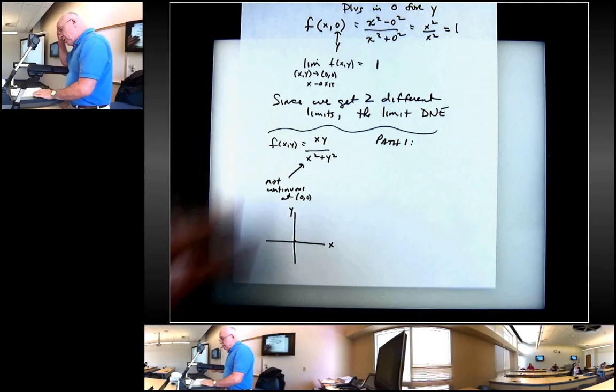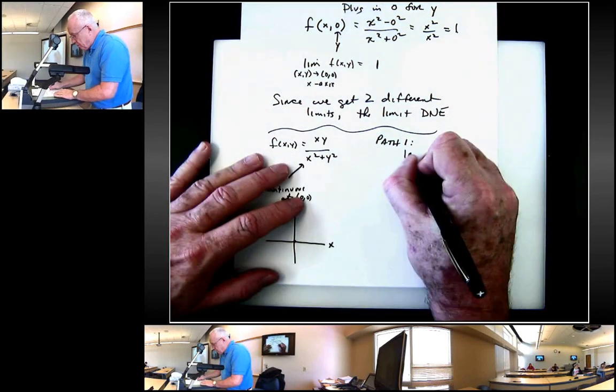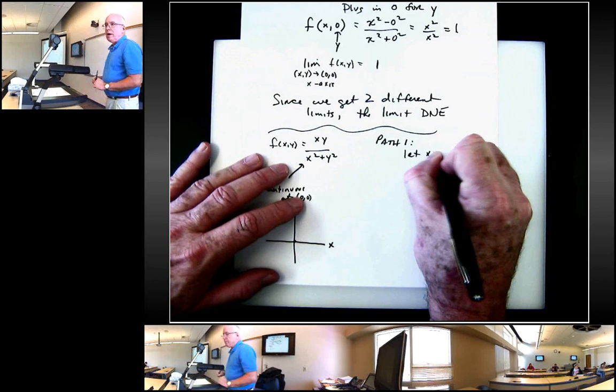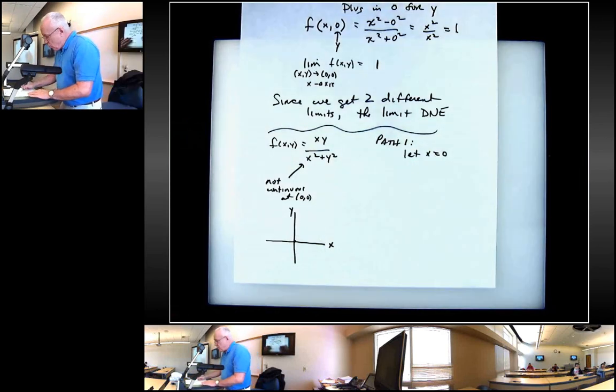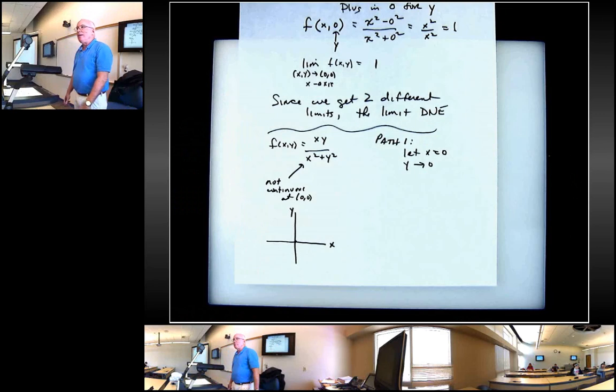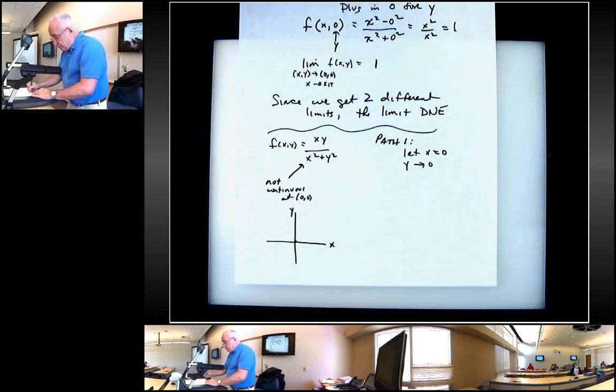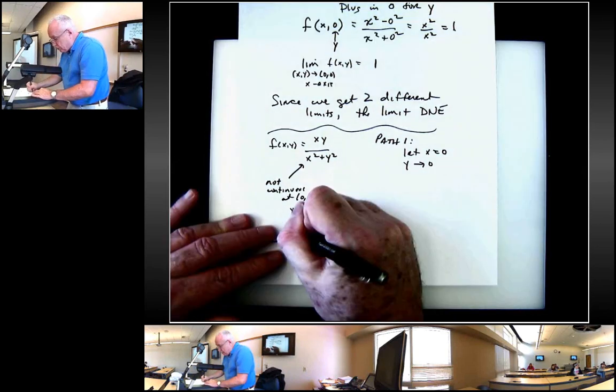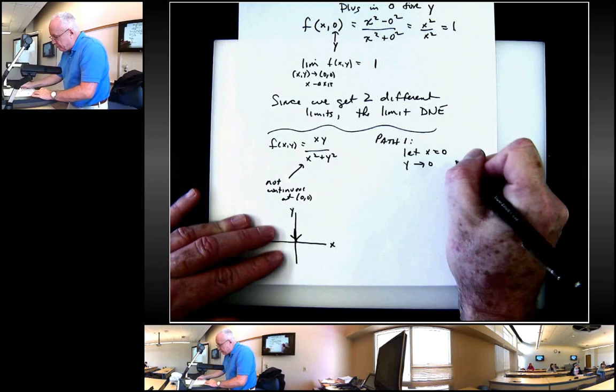So we'll use one of those for this first pass. Let's say we'll let x equal 0. All right. And therefore, y will be approaching 0. And so x equals 0, y is approaching 0, so we're going down this way along the y-axis.